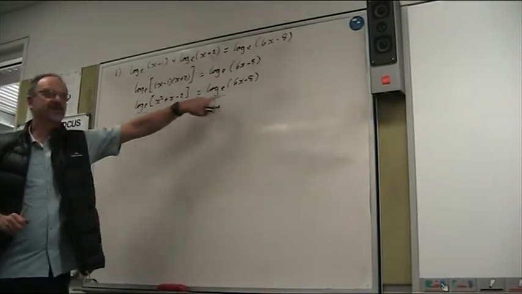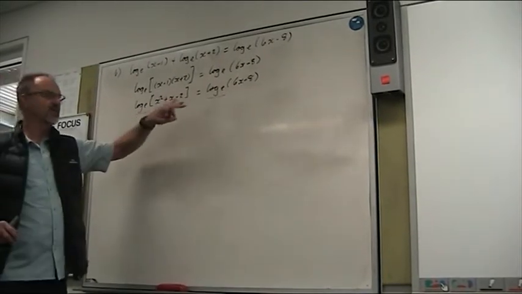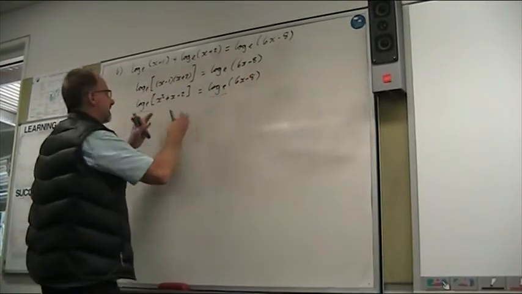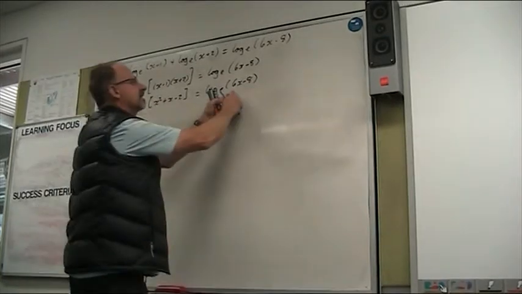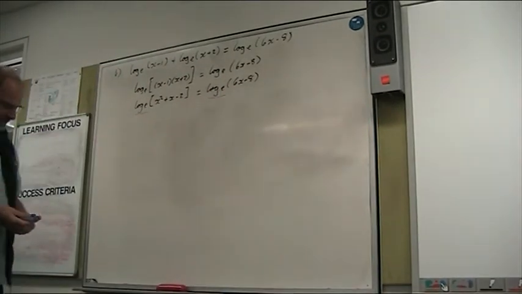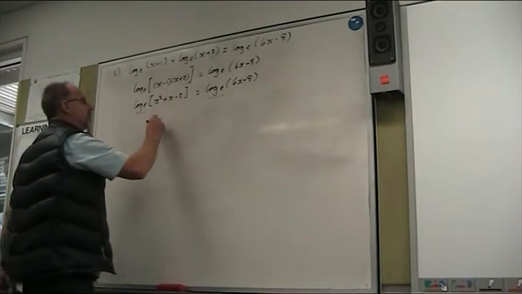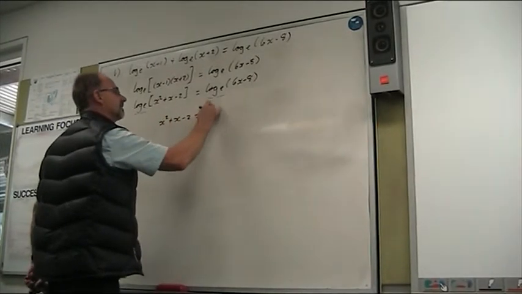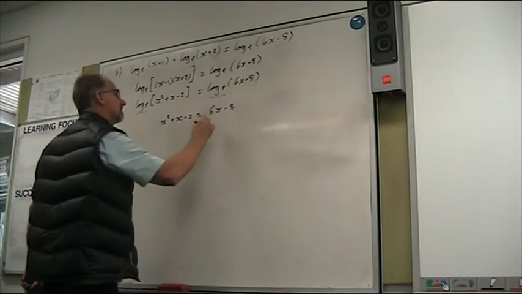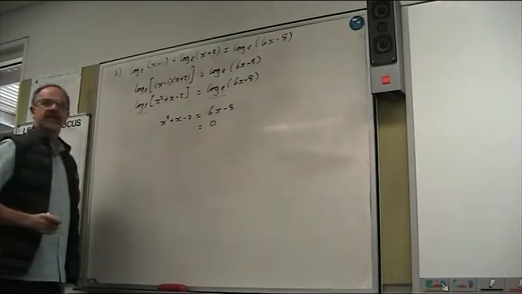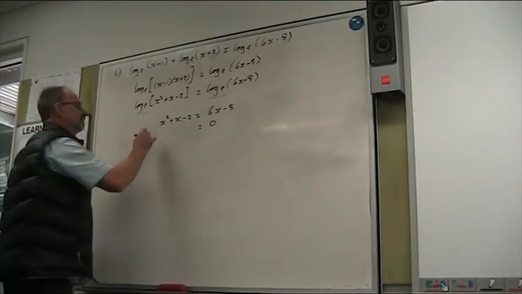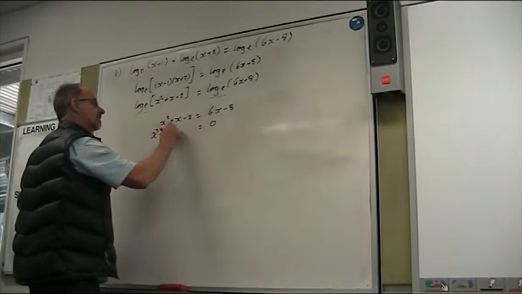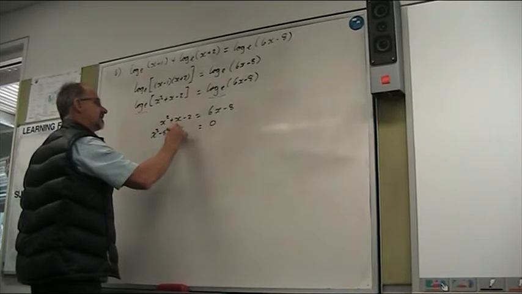So the only way you can have this answer and this answer being the same is if this part here is the same. So x squared plus x minus 2 is 6x minus 8. Take 6x, add 8. x squared minus 5x plus 6.